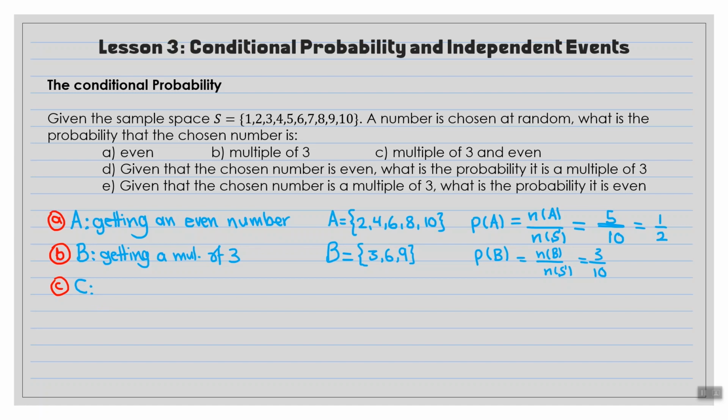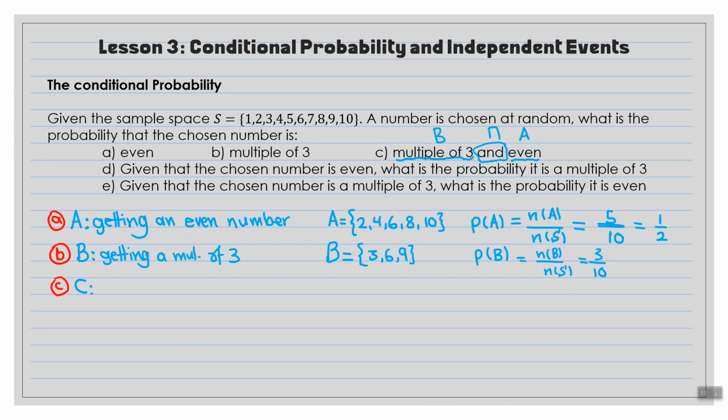Now, the first event, the event of getting a multiple of 3, is actually defined as B. We have defined this as B. The second event, which is the event of getting an even number, was defined as A. The word and, we talked about the word and in the previous class, and we said it is usually translated as intersection.